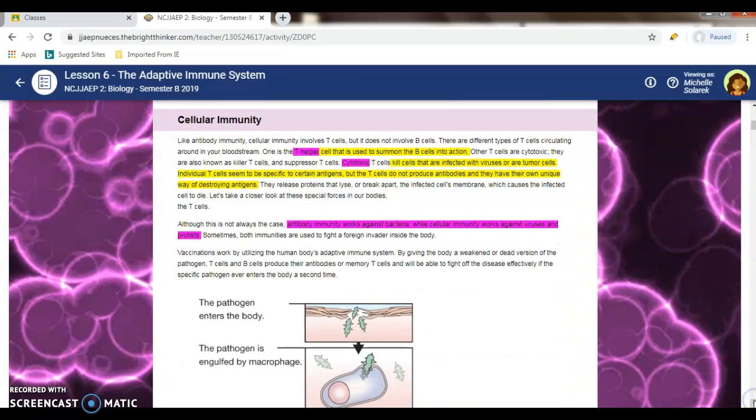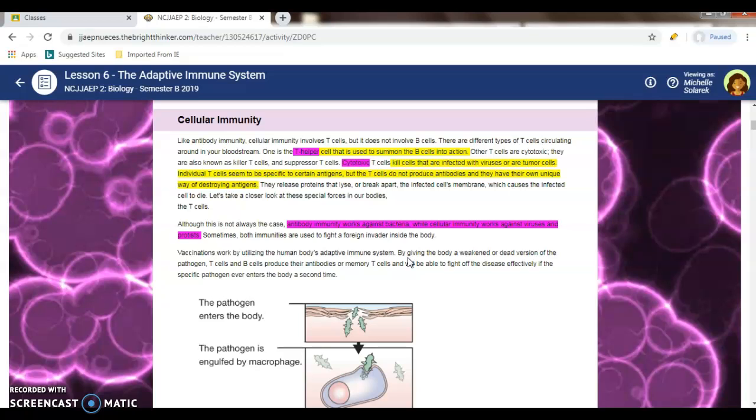Now we're going to talk about cellular immunity. Like antibody immunity, cellular immunity involves T cells, but it does not involve B cells. So, the T helper cell is used to summon the B cell into action, and then there are other T cells such as cytotoxic T cells, also known as killer T cells, and suppressor T cells.